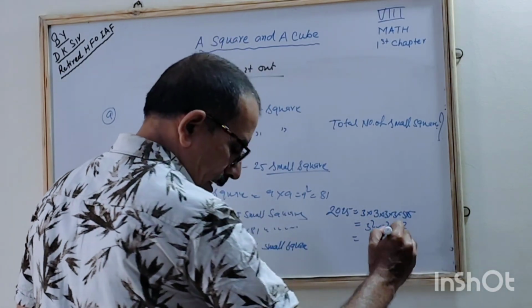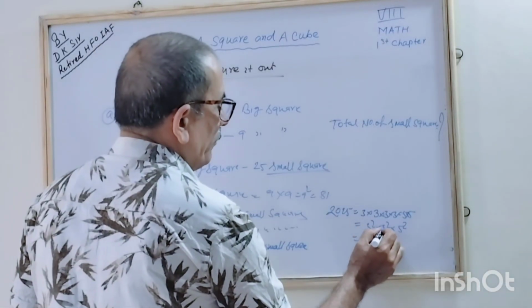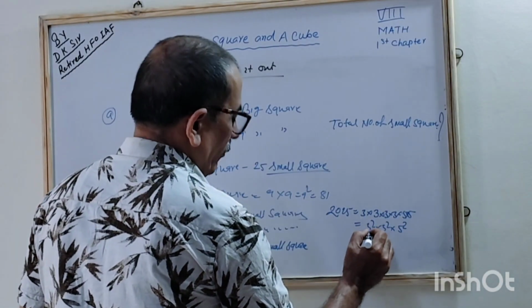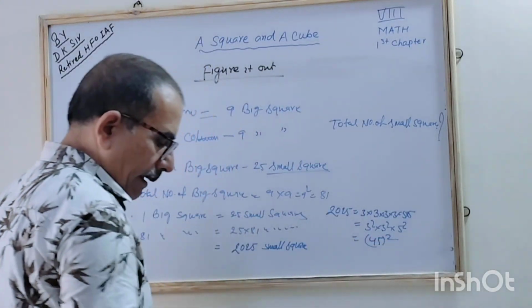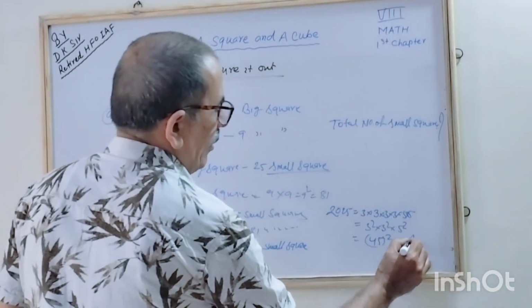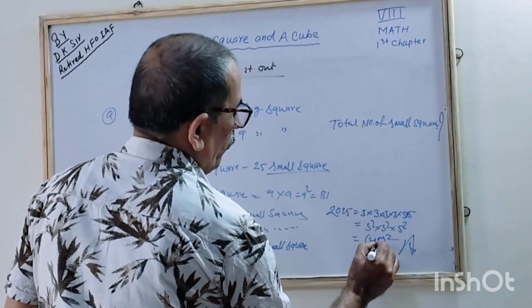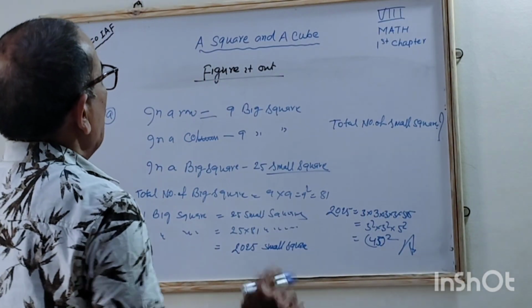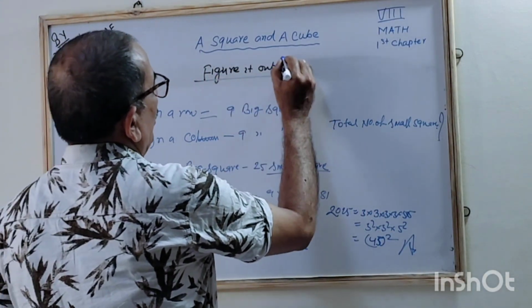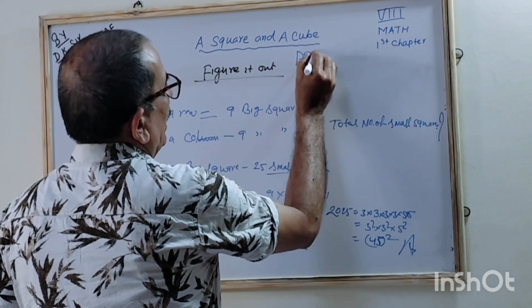All together, 5 3s are 15, 15 3s are 45. So it becomes 45 square. That is the way you can write it in the square format. It will be equal to 45 square. That is the end of part 1, square and cube.